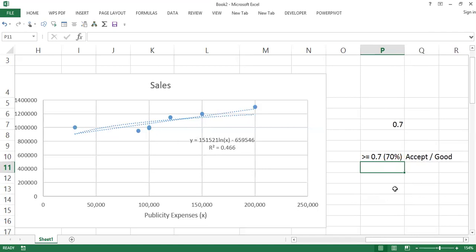So if it is less than or equal to 30%, 0.3, reject.